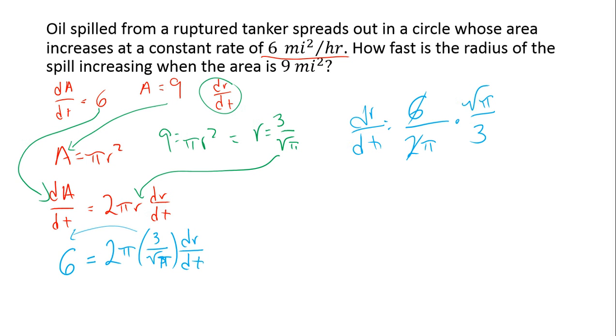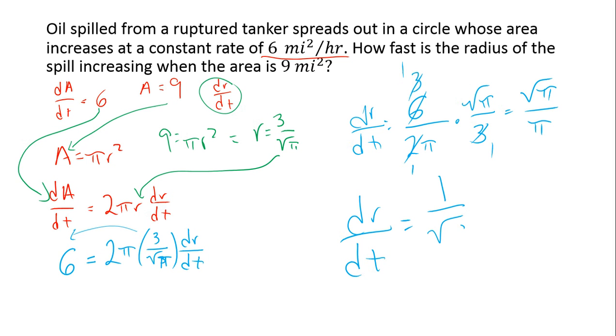Well, this becomes 3 and 1. This becomes 1 and 1, leaving us with root pi over pi, which if we reduce that gets us dr over dt is equal to 1 over the square root of pi miles per hour.